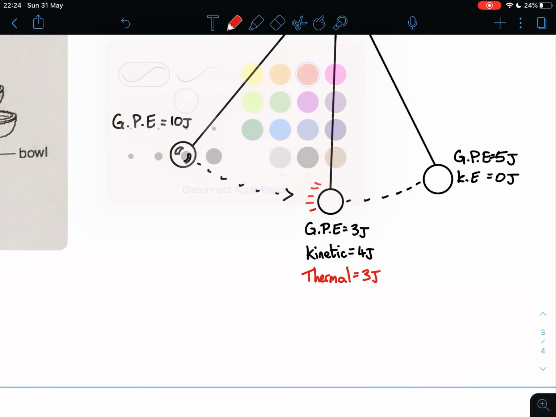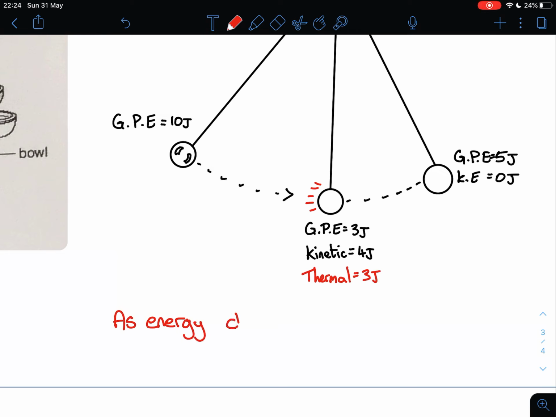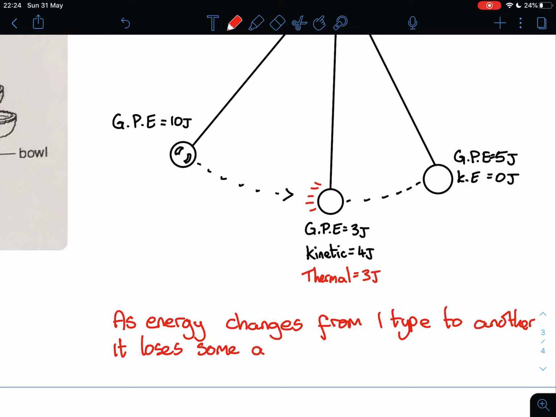So that's my final statement. As energy changes from one type to another, it loses some as heat. I'll use the word thermal.